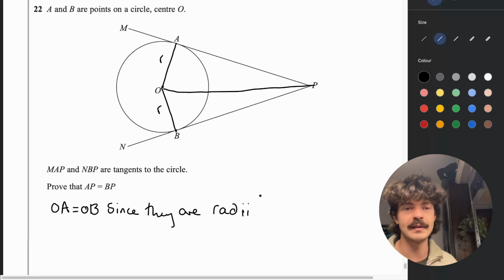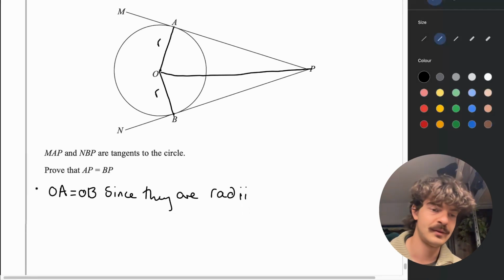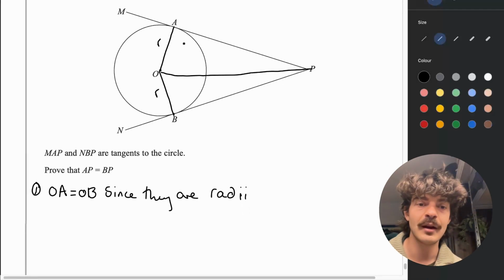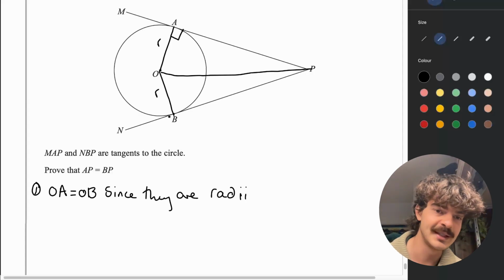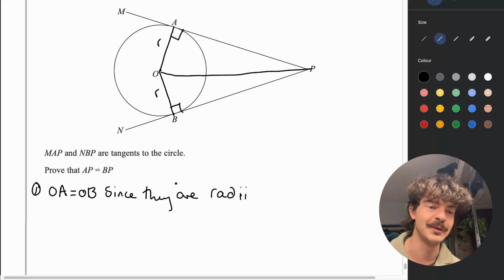Okay, fantastic. A second fact that we know is that the radius from the center of a circle meets a tangent at a right angle. And this is going to be true for both of our triangles.